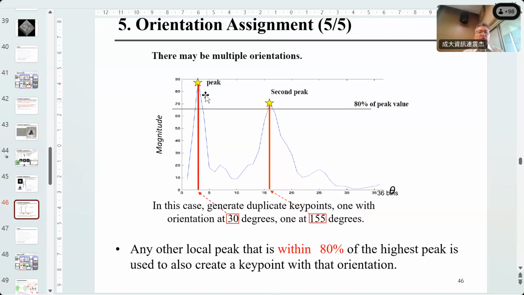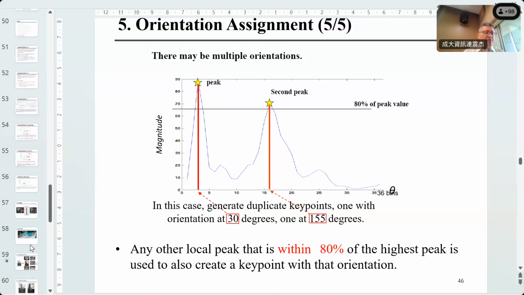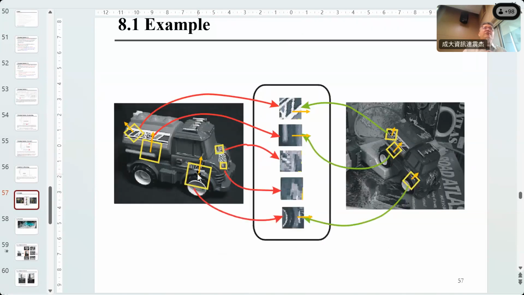For example, suppose this peak is around here, and suppose it is 30 degrees and this other one is 155 degrees. If there is only 1 bin, you rotate back by that angle. If there are 2 big peaks, you rotate it once and also rotate it a second time, because it's possible. So if a patch has one large bin and another bin above 80% of the first, then this patch has 2 rotation angles to compare. That is their experience. You need this because you want to do comparison and correspondence.